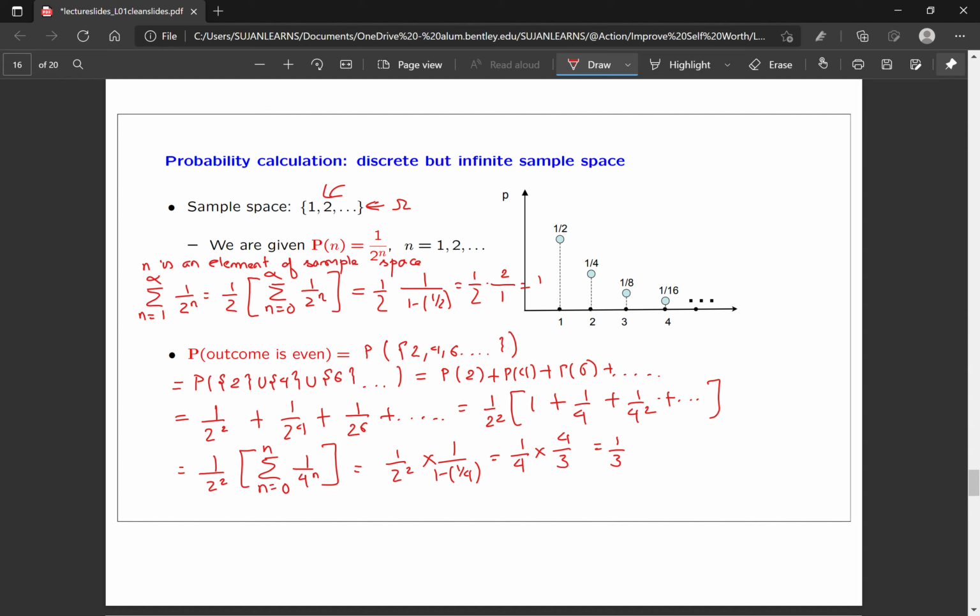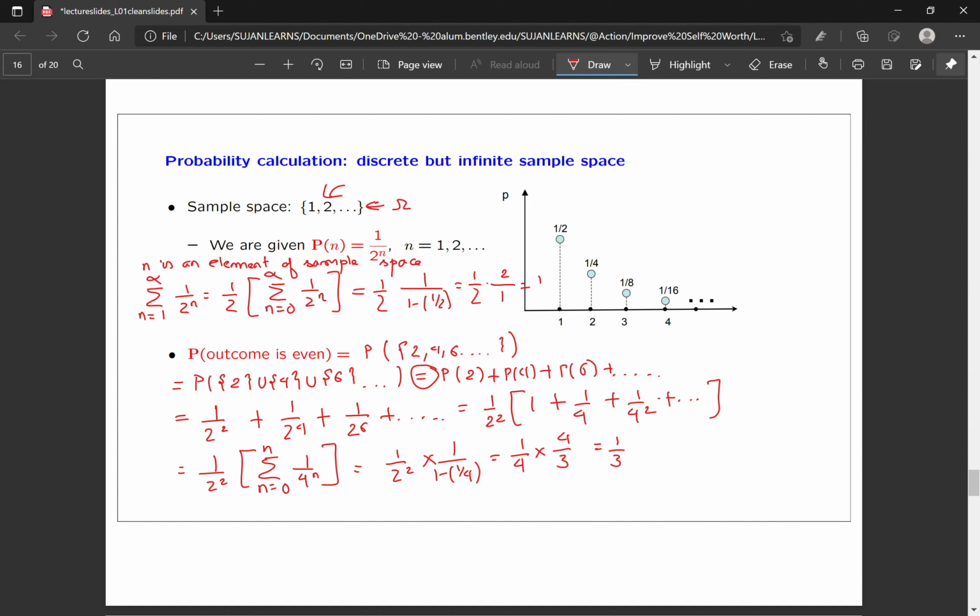Leaving the calculation details aside, let's go back and see whether our calculation is correct. Can we use the additive axiom or additive property here for sets? We know that the additive property only applies to a finite number of sets, but here we have an infinite number of sets.